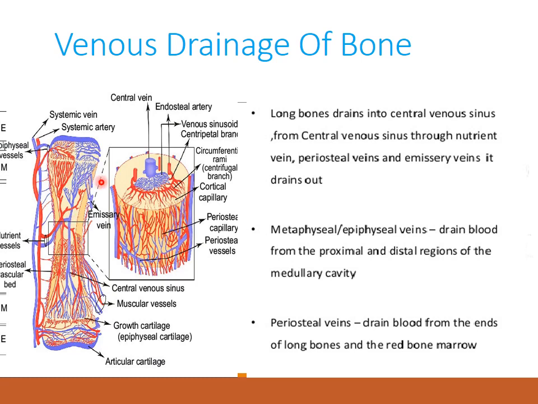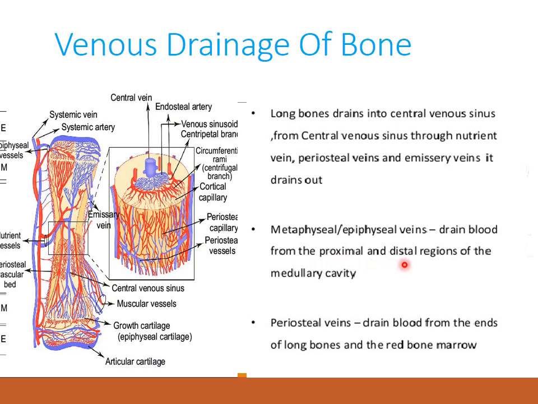Also, number 2, there are the periosteal veins. As you have seen, these cortical branches anastomose with the periosteal arteries. Their accompanying veins drain the blood into the periosteal veins, and ultimately from the periosteum they drain that blood into the muscular venous channels present in the muscles.